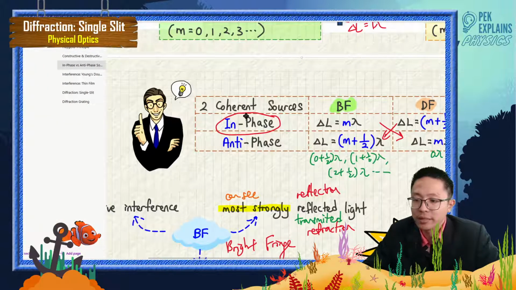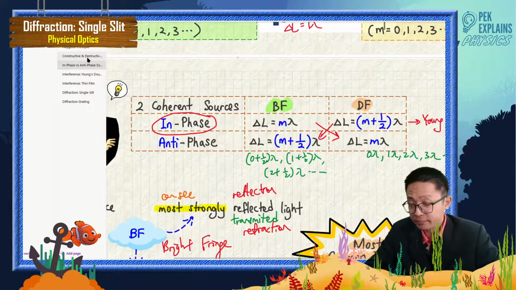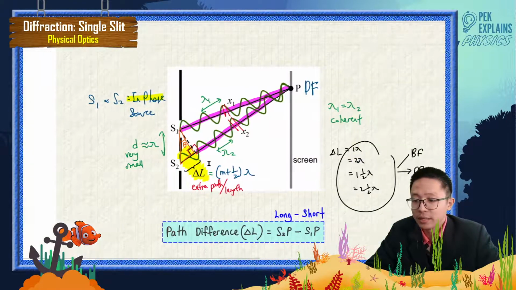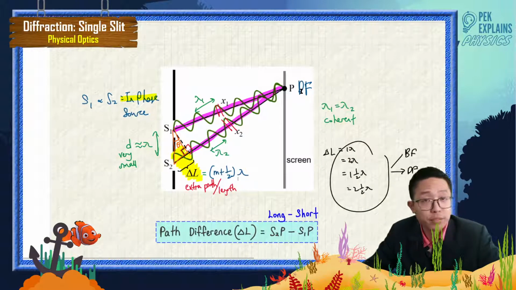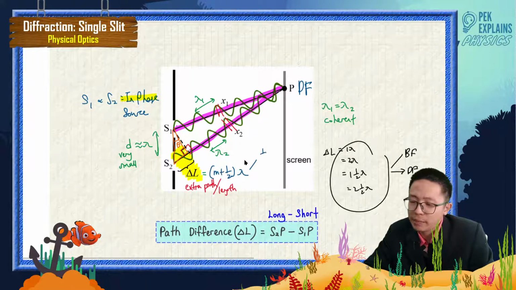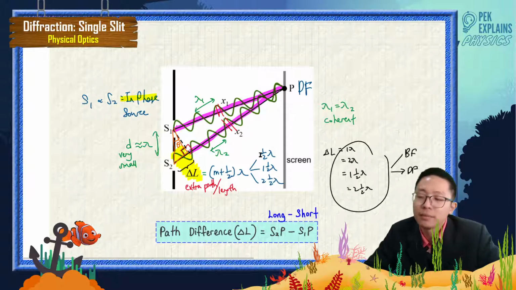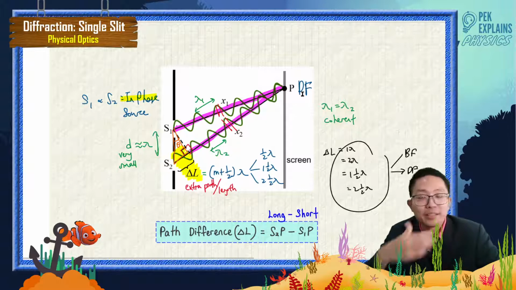I said already, in phase source, to produce dark fringe, the delta L must be m plus half lambda. Then only can produce a dark fringe. So it can be half lambda, it can be 1 plus half lambda, it can be 2 plus half lambda. As long as it has that half lambda, then it can produce the dark fringe, isn't it?